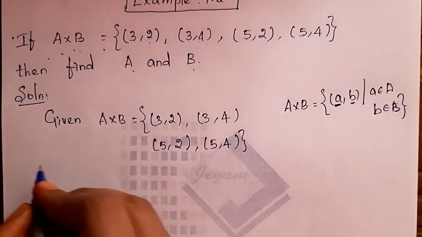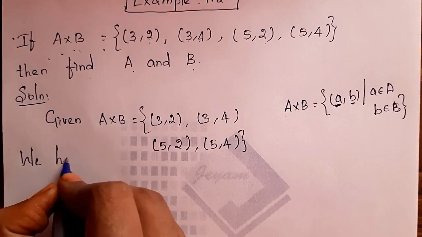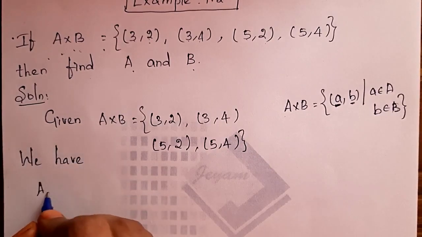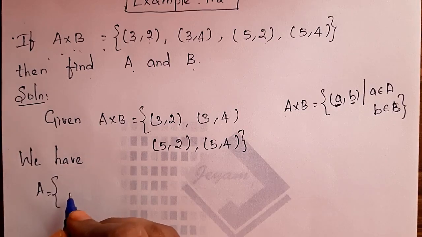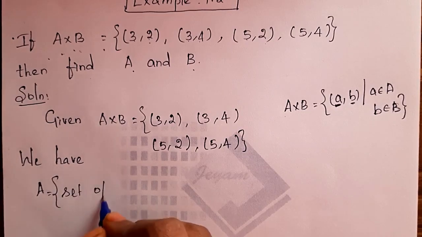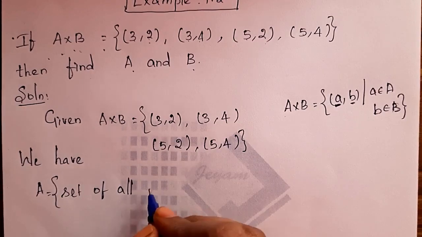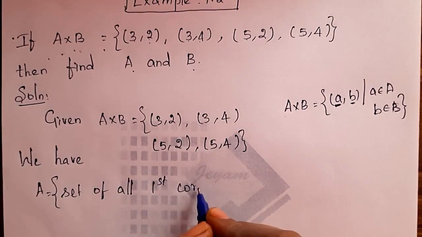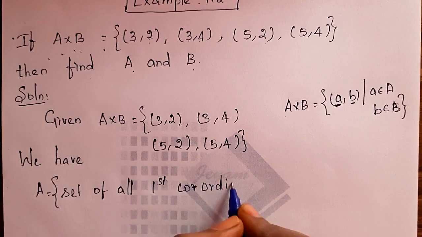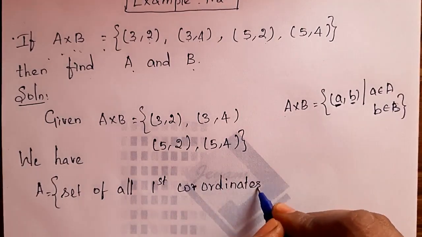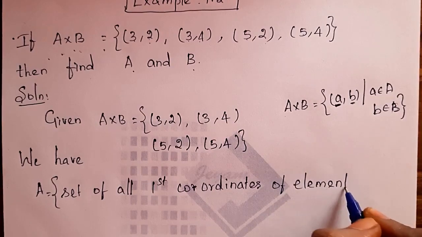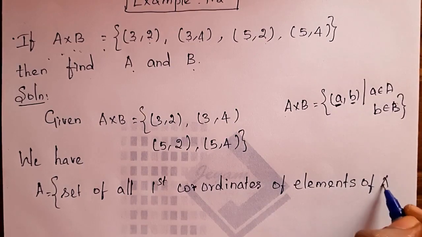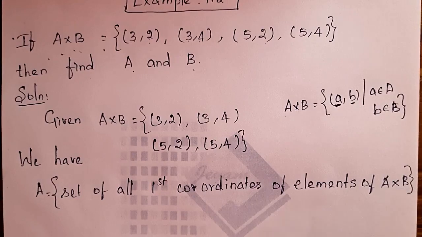We know that A equals the set of all first coordinates of the elements of A cross B. So how can you write A?